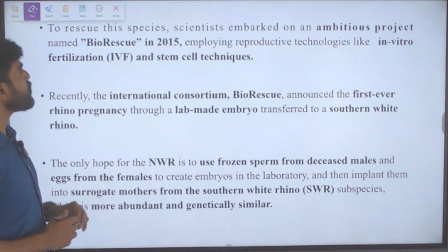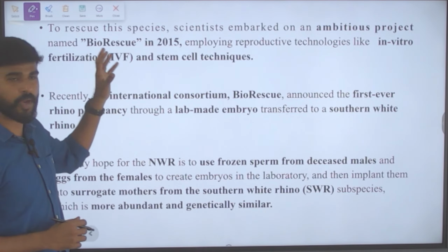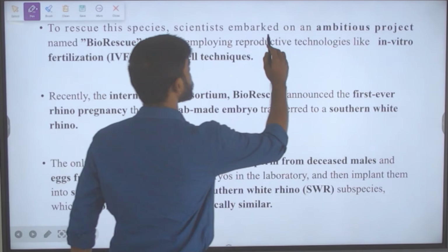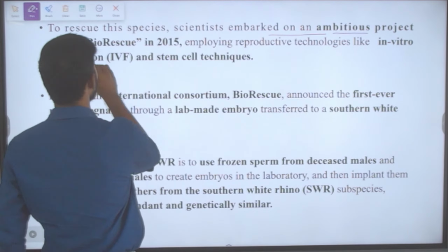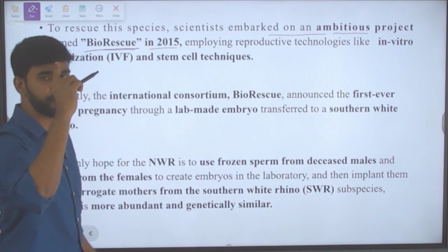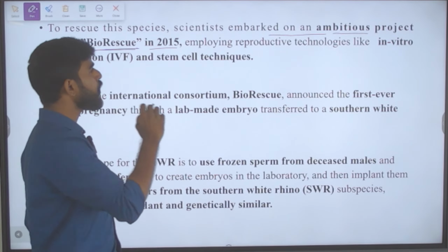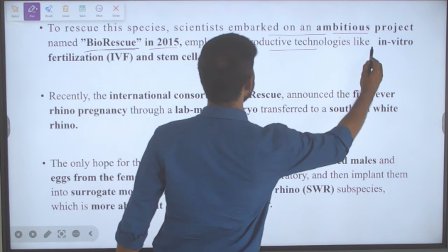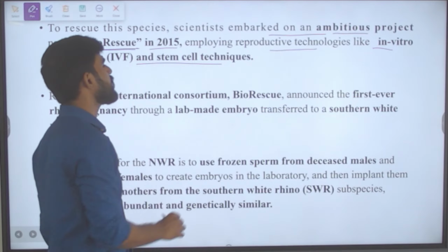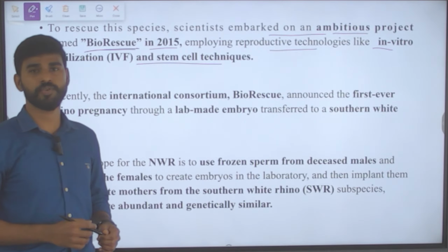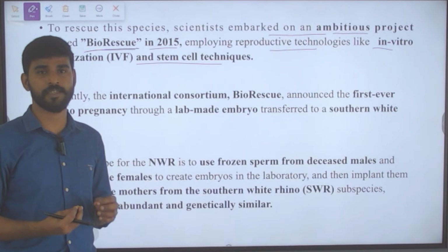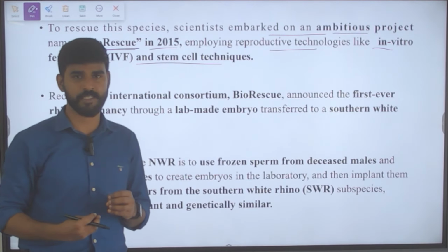So to rescue this species, that is northern white rhino, scientists have embarked on an ambitious project named BioRescue in the year 2015 itself, 3 years before the death of the last male. Okay, employing reproductive technologies like in vitro fertilization and stem cell techniques. So here they have used in vitro fertilization. We'll be understanding what in vitro fertilization is in detail.